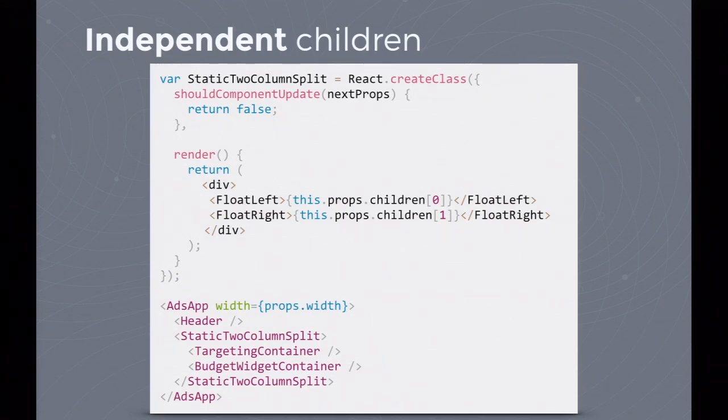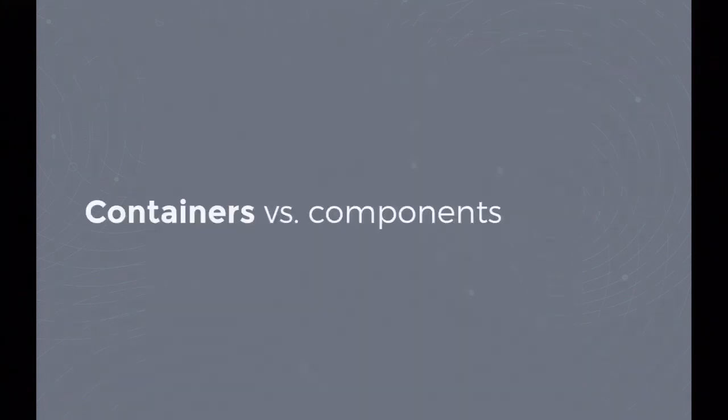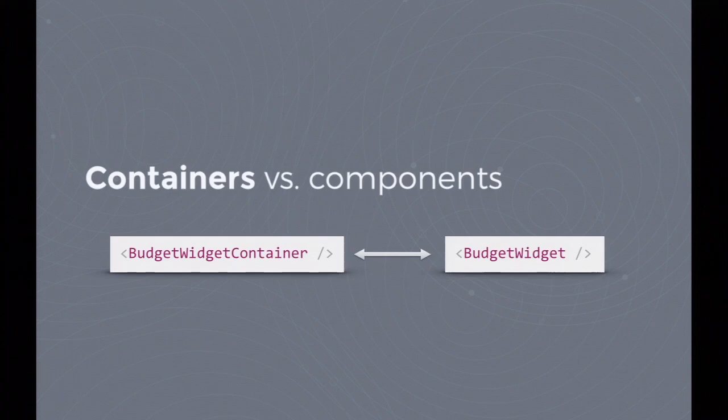As a policy, we make it so that all high-level components that need to do any sort of data fetching are wrapped in something that we call a container. This is just something that we use on our team, but it's something that we enforce. So if I have a budget widget, I need a budget widget container. An ads targeting widget, I need an ads targeting widget container.